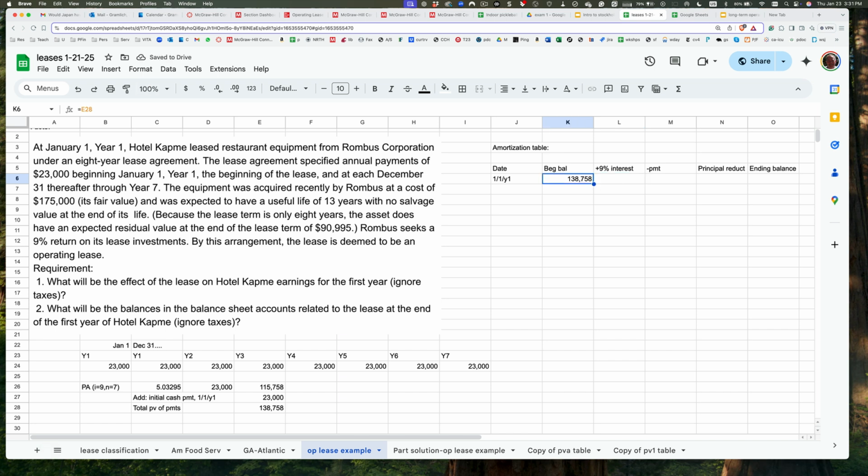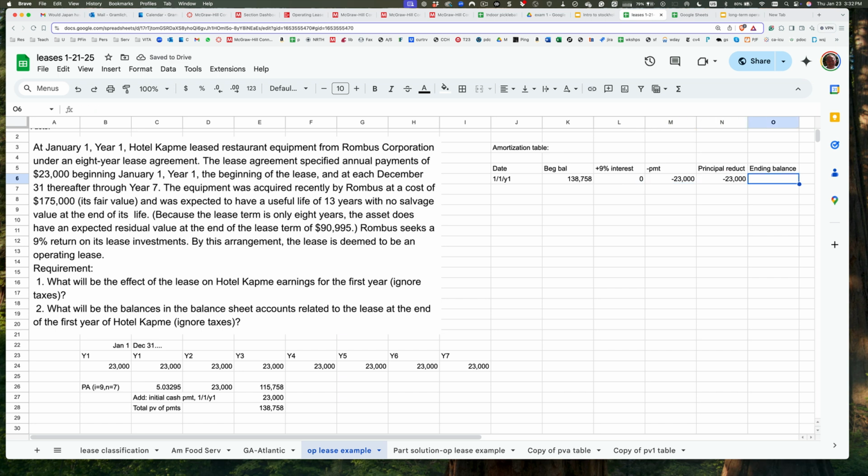We have the beginning balance of 138,758, but we make a payment on the first day, so that the principal reduction, which is the combination of these two, is equal to plus a negative number, and the interest is going to be zero.